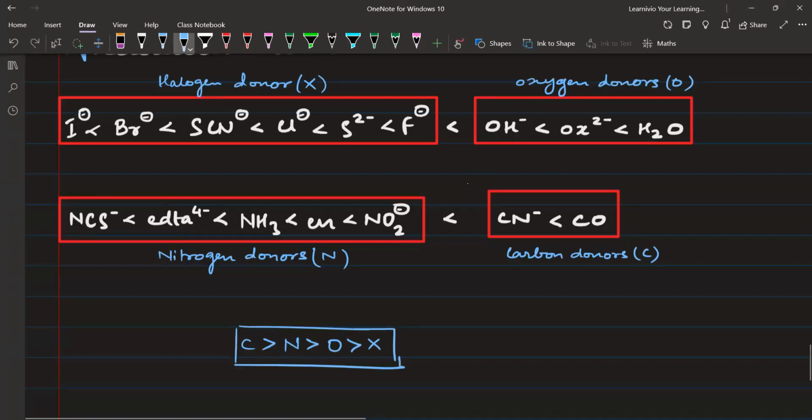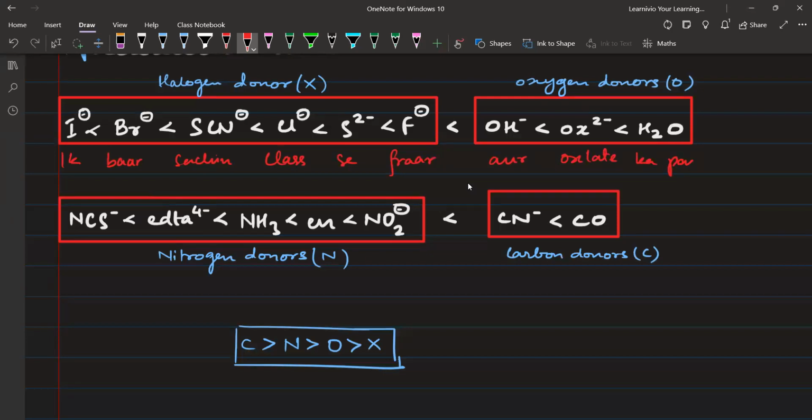Now how to remember this particular whole series? I will say this in Hindi. ठीक है? ध्यान सुनिएगा. एक बार इस I के एक बार सचिन क्लास से फरार और ऑक्सलेट का पानी से प्यार.